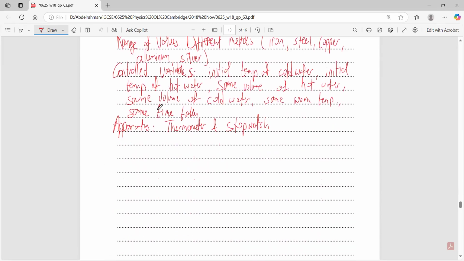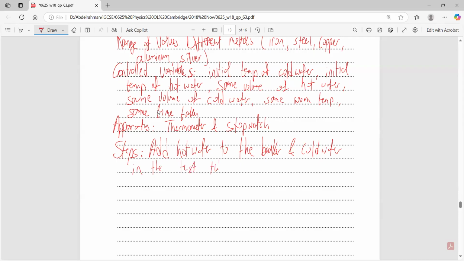What about the steps taken? How can we conduct this experiment? The steps taken. So add hot water and cold water. Add hot water to the beaker and cold water in the test tube.